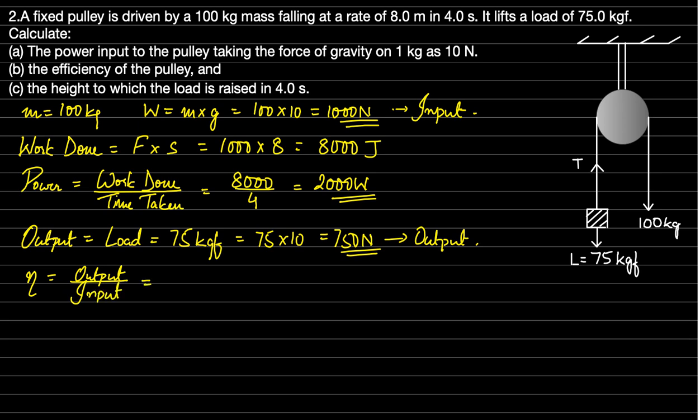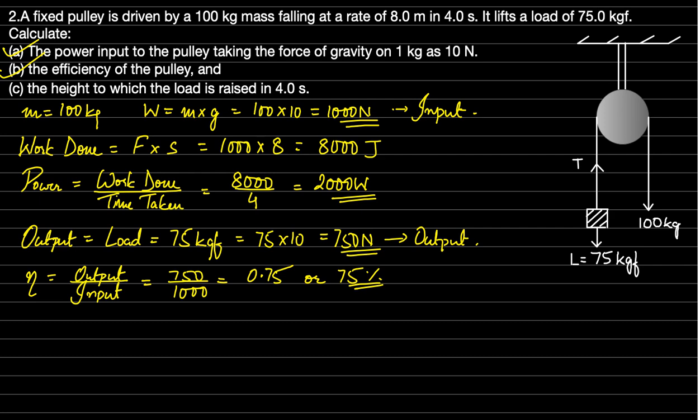So that's going to be equal to 750 is the output divided by input is 1000. So we get this as 0.75. So efficiency, we got it as 0.75, which can be written as 75%.